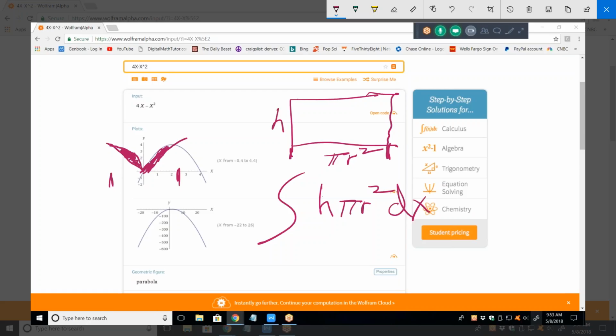Yeah, in the picture, because when x is equal to like a quarter, you would be above the line y equals x. So the height is 4x minus x squared.